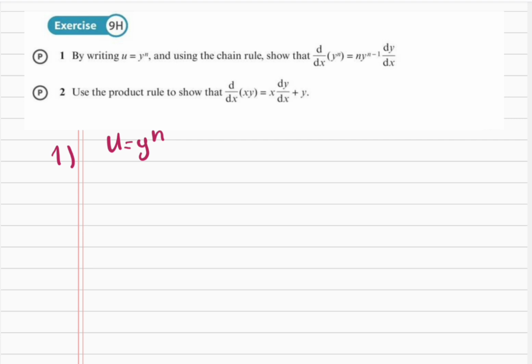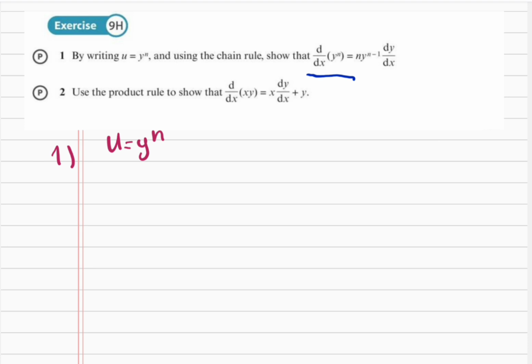For the first one, question 1, we have the function u, which is equal to y to the power of n, and we want to use the chain rule to show that d dx of y to the power of n, which is something we are not used to because we have a function of y, but we are differentiating it with respect to x.